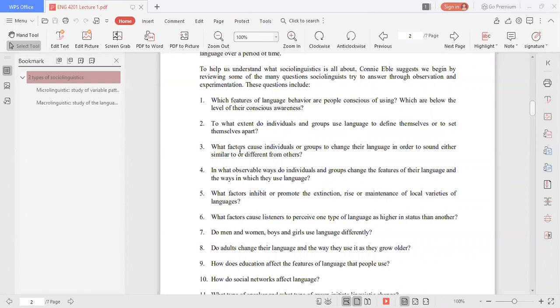For example, even 100 years back, Sanskrit was regarded as one of the prominent languages. There were people who could speak Sanskrit and write in Sanskrit, but at present, how many people can speak and write Sanskrit?